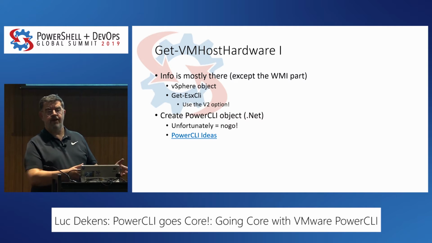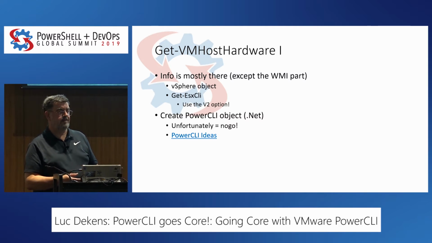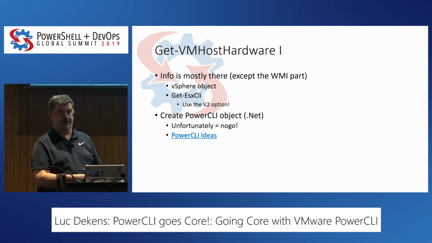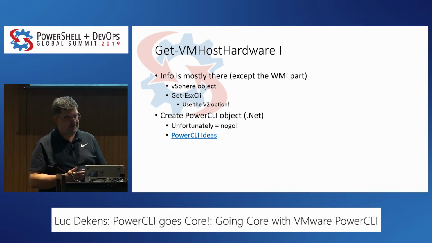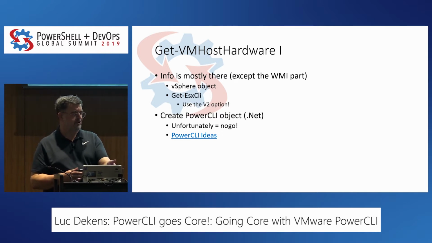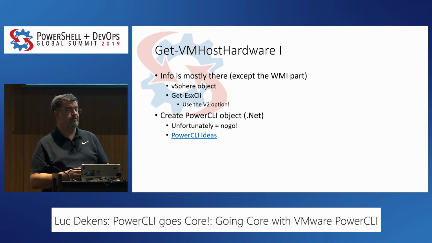Ideally, I would like to have this function create the same object as what the commandlet returns, but unfortunately in the current implementation that doesn't really work. You can't do a New-Object that is not read-only, but I think they are aware of that. I, in fact, launched an idea to change it, because it also plays a role when you're doing Pester testing, for example.